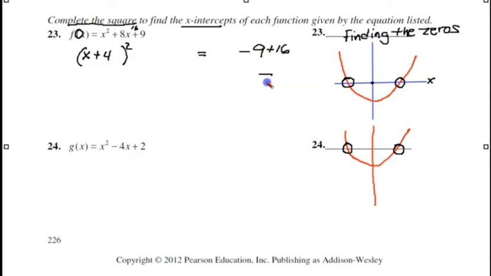So this becomes 7. I take the square root of that, and I get x equals, transpose that 4 as a -4. And these are my two ordered pairs. A -4 plus this, a -4 minus this. And that would be these points there.